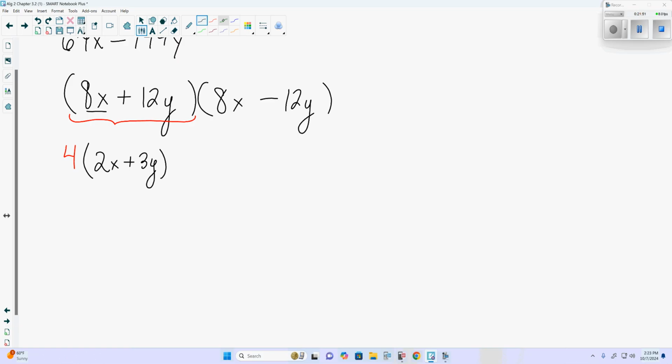Well, if I could do it out of that one, I can also do it out of our second one, which would give us another factor of 4 out front. And if we do divide it out of both terms, 8x becomes 2x, 12y becomes 3y.